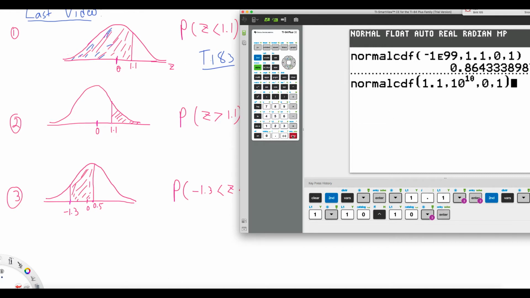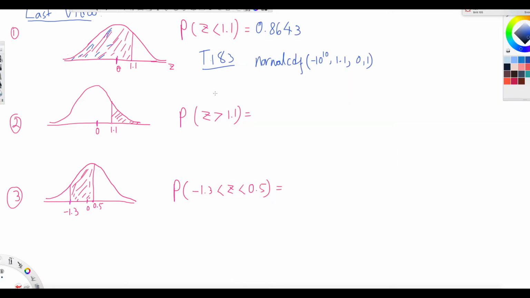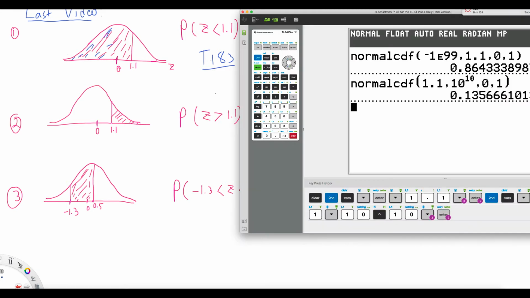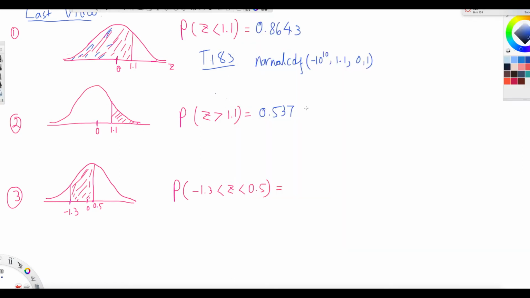This is what you get: 0.1357 if you round it.